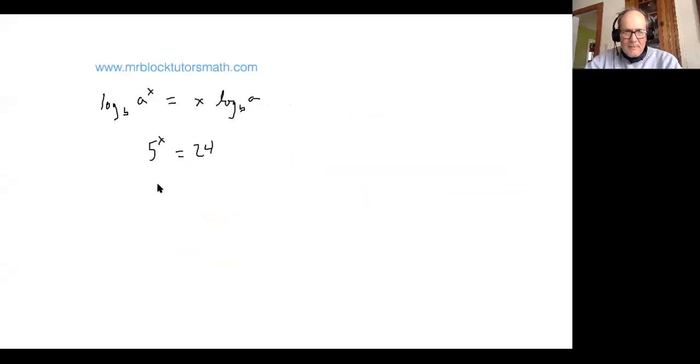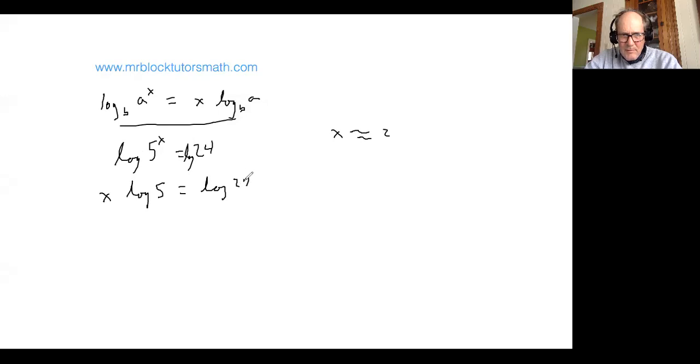So now let's go back to a practical example. Suppose I knew that 5 to the x equals 24. Well, x has got to be somewhere around 2. So I take the log base 10 of both sides, and according to this rule, this x can come out in front. So I rewrite it, x log 5 equals log 24.